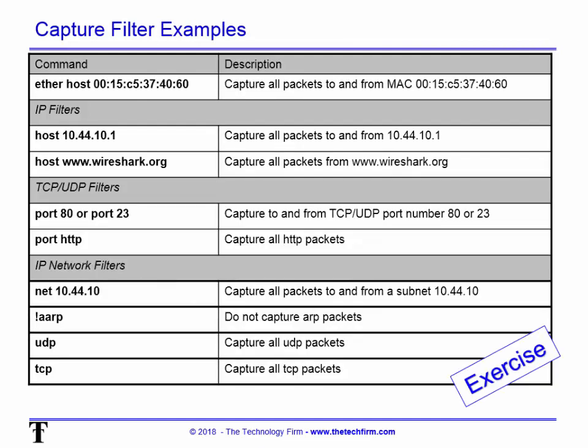Here's some examples. So we've got ether host, and there's a MAC address, and you can see that we've got these colon delimiters in there. Got IP filters. There's an IP filter, and there's a name. Again, it'll use whatever name your device has, and it'll use your name services lookup for that sort of resolution.